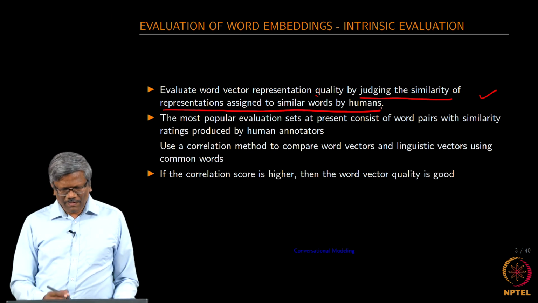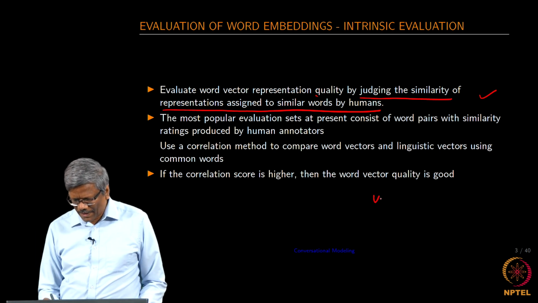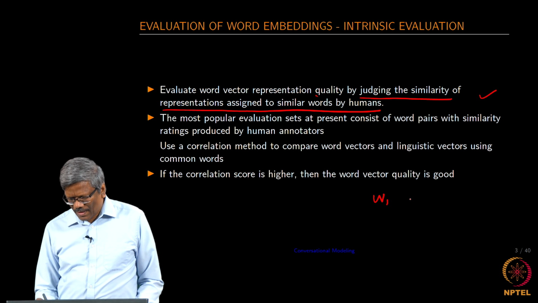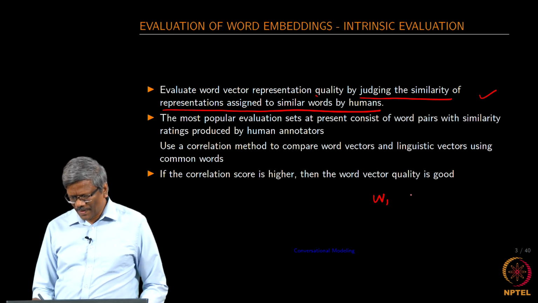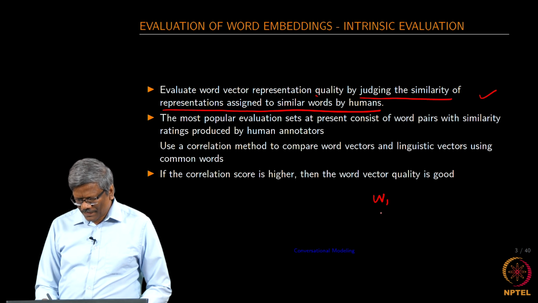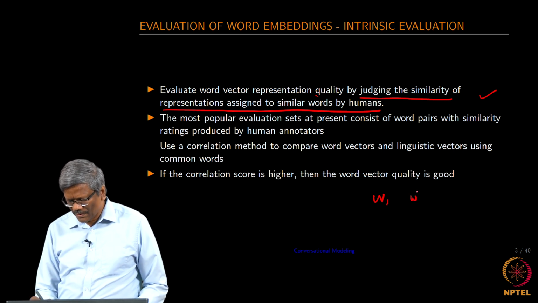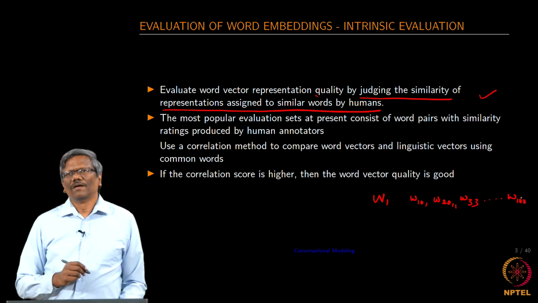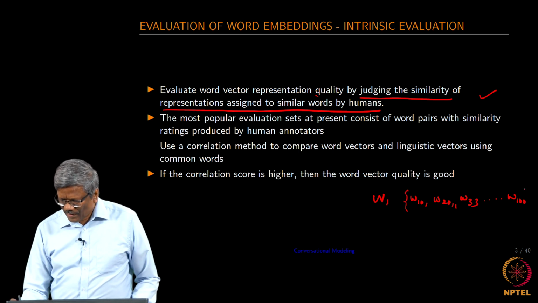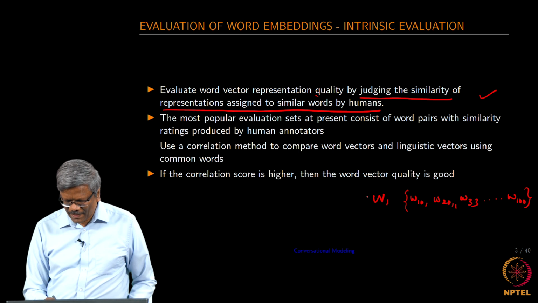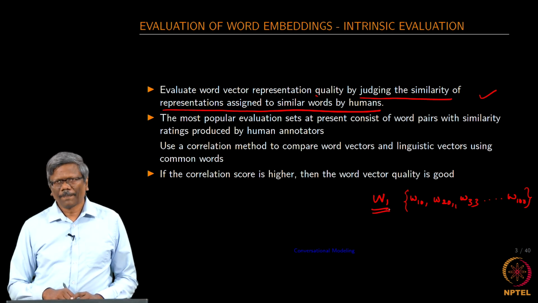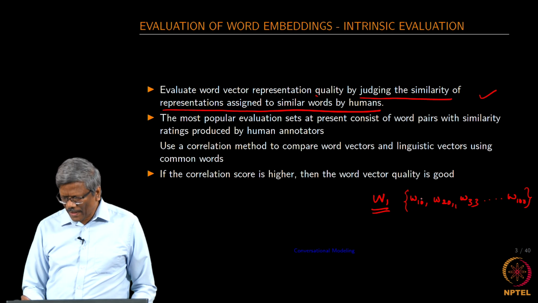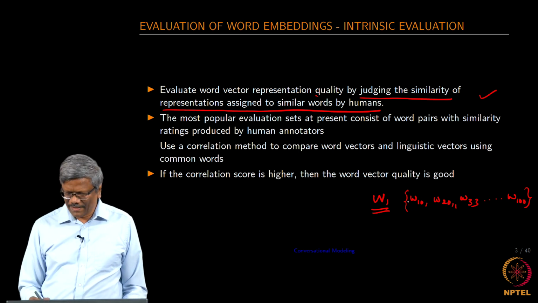So, let us say that we take word 1, and then based on the dictionary of synonyms or using WordNet, let us assume that we have a similar word set for the given word W1, and you provide this word set to the human and then ask them to rate each one of those.